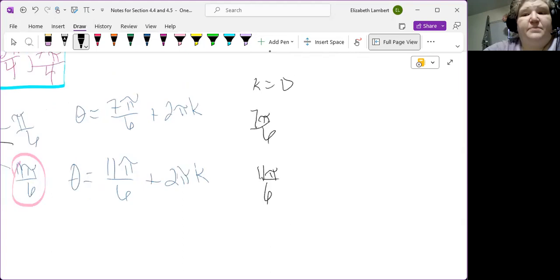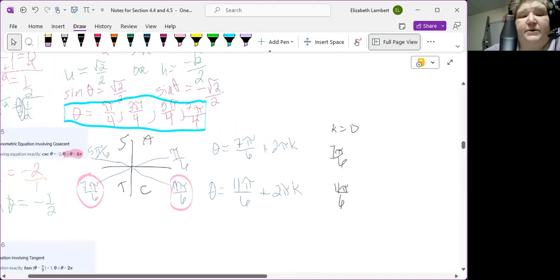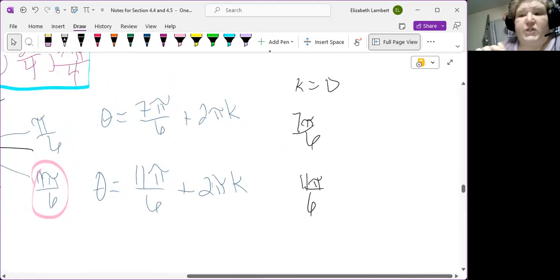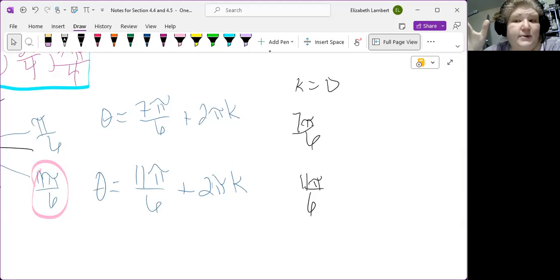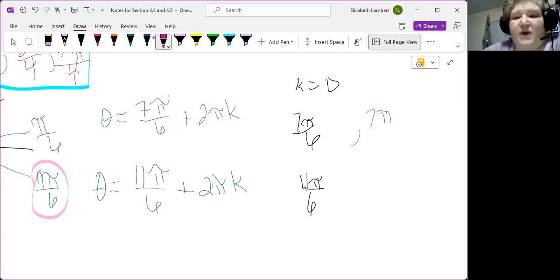Now, they said between 0 and 4 pi. So that's once and then again, twice around the circle. My other two angles are going to be plus 2 pi to my original two angles. So the other two we get are 7 pi over 6 plus 2 pi and 11 pi over 6 plus 2 pi.